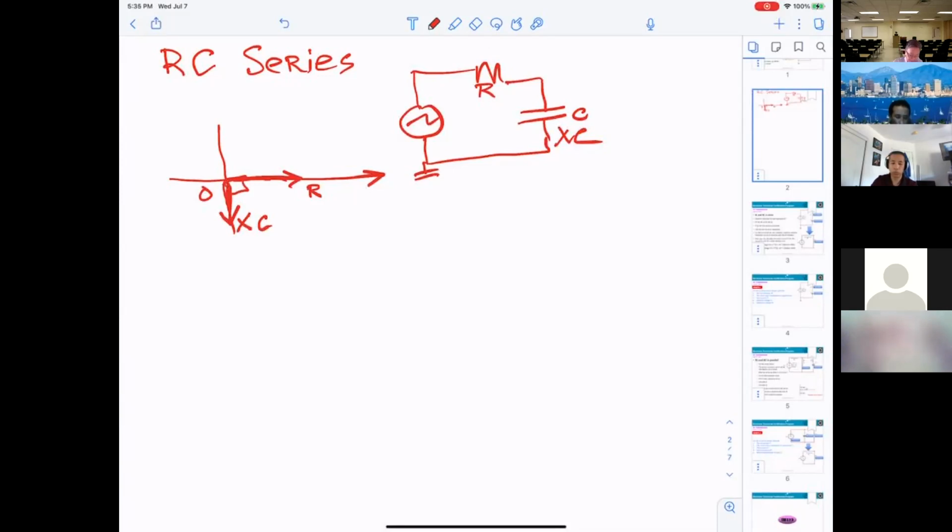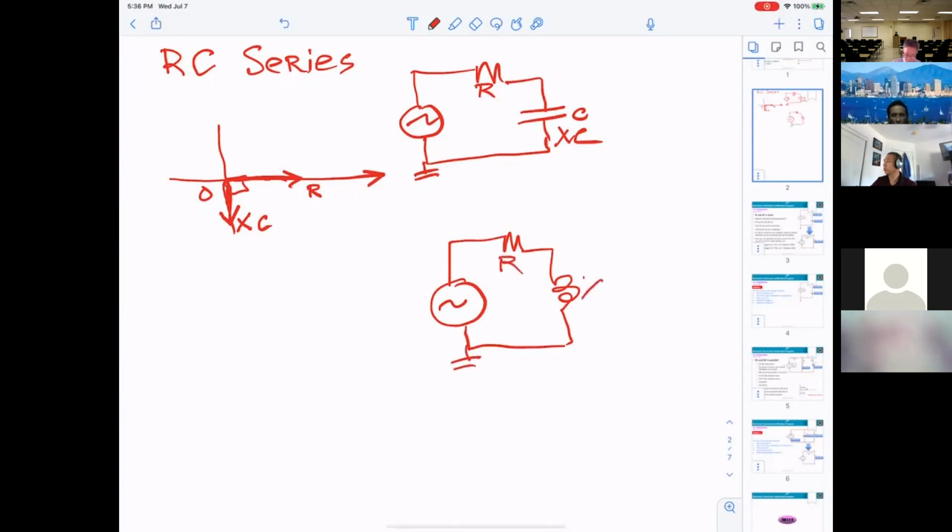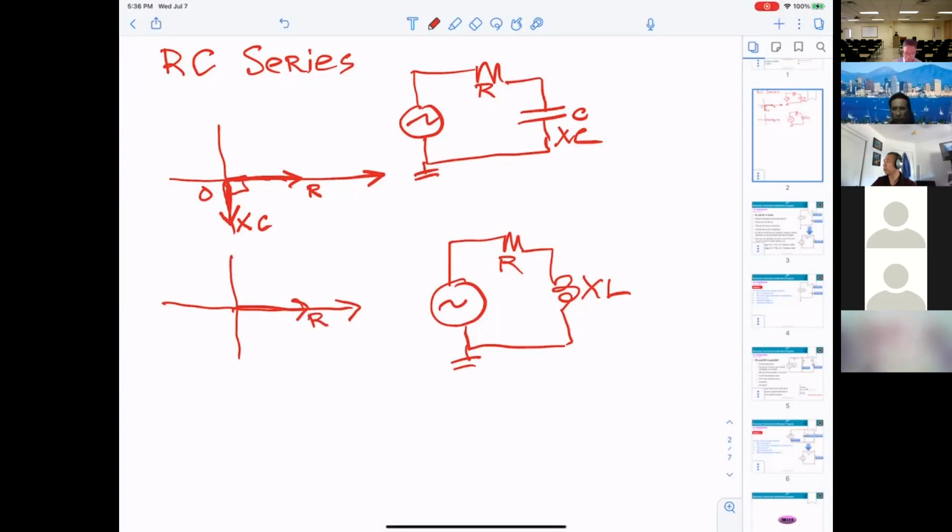Okay. And now if you have the same circuitry, but with an inductor. So same thing, I draw R. Where is XL?